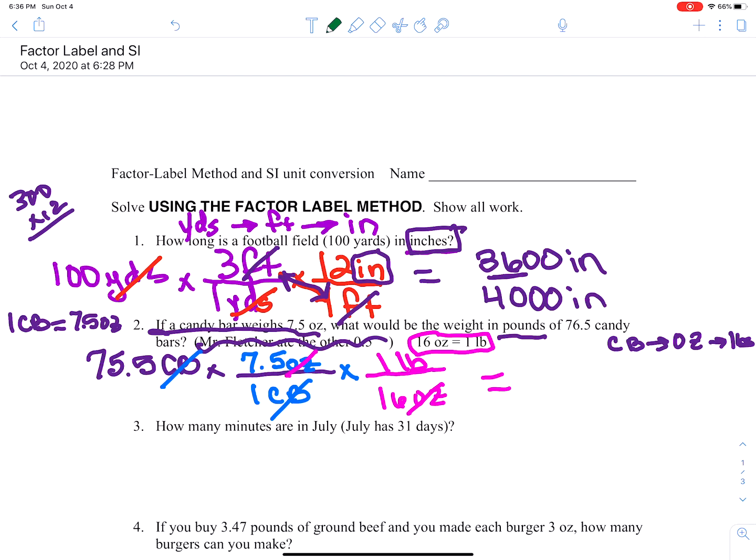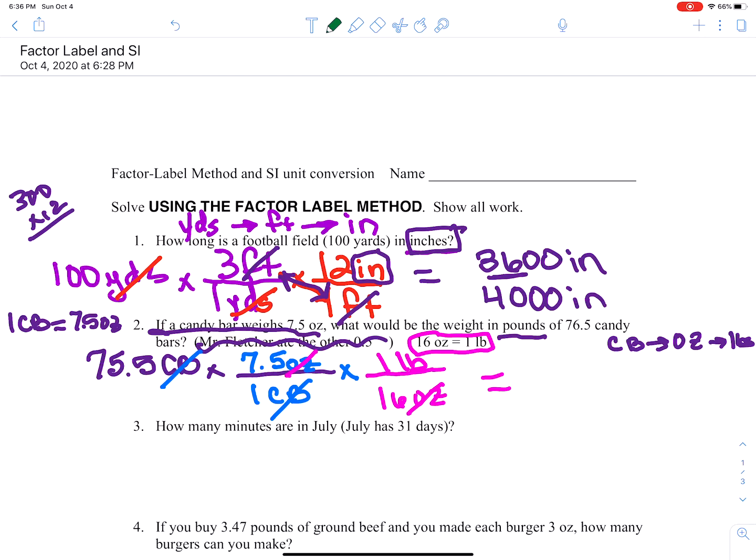So 75.5 times 7.5, divided by, because if you notice, 16 ounces is in the denominator, so you have to divide by 16.